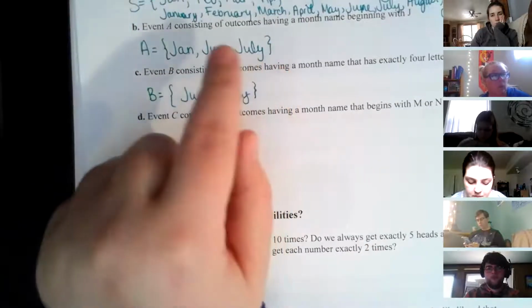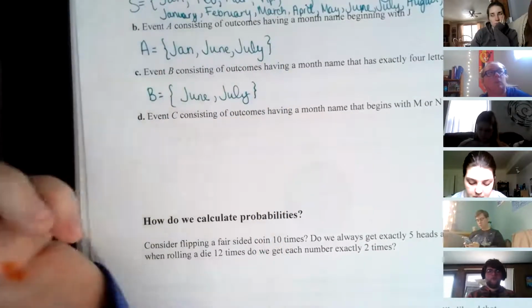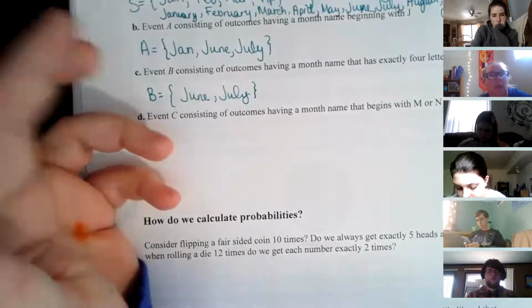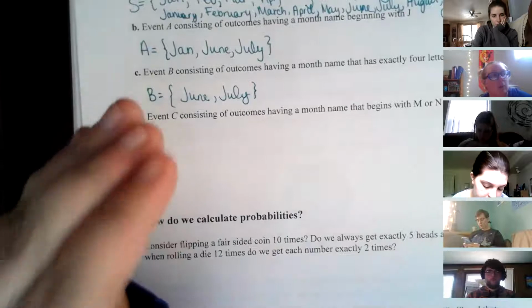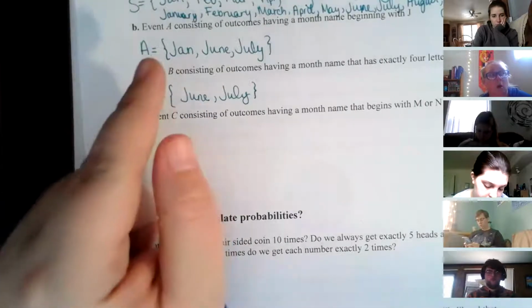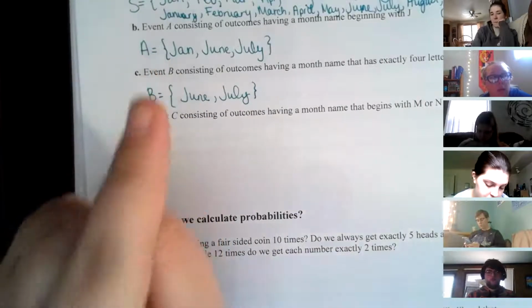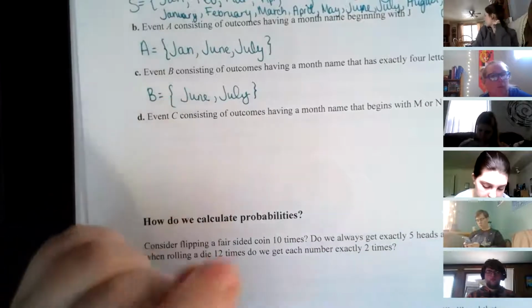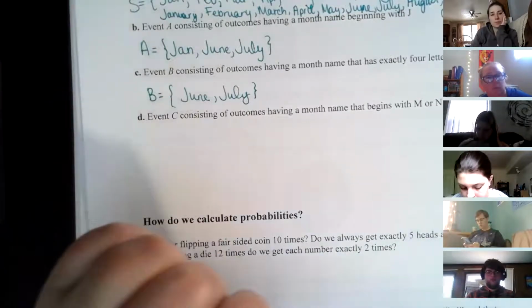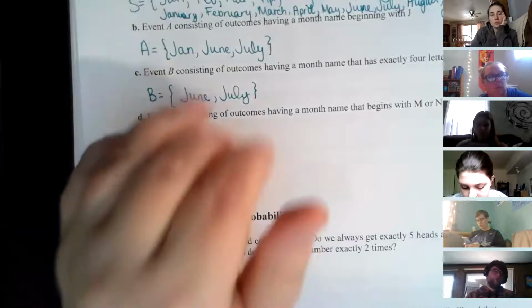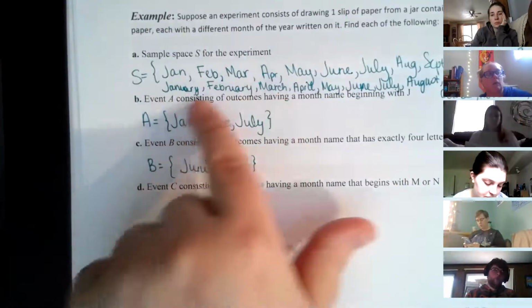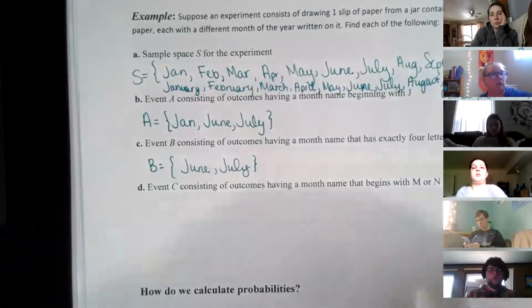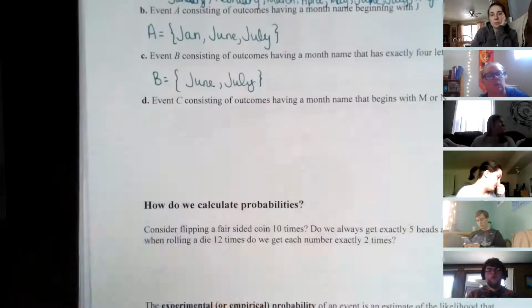So when I go to this event where I'm only looking at the months that begin with J, what is the probability that I would draw either January, June, or July from my jar of months? They would already see that we only have these 3 chances out of all 12 possible outcomes. So that's where the 3 12ths would come from.